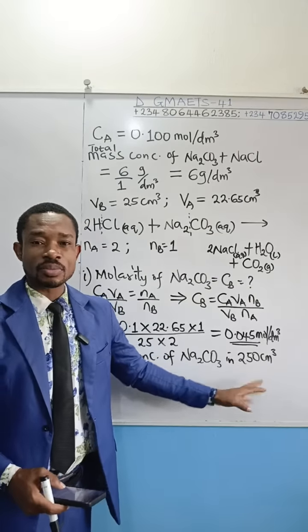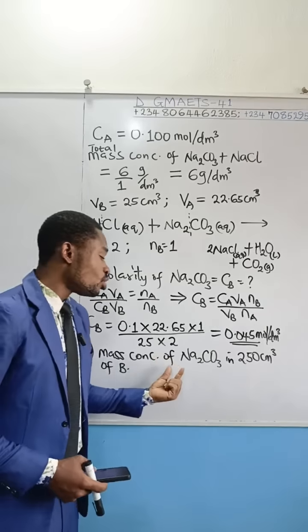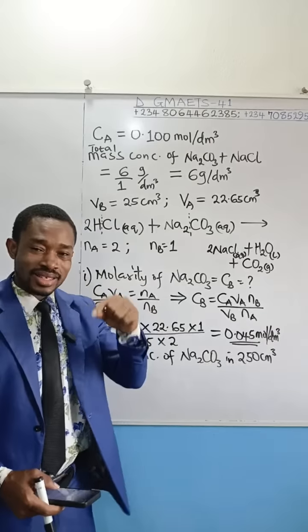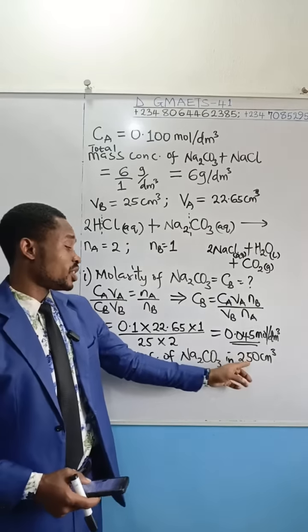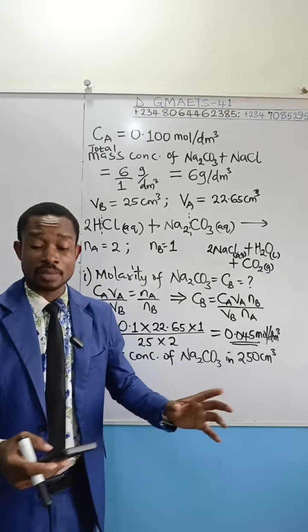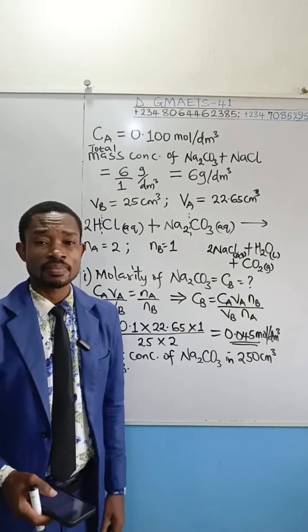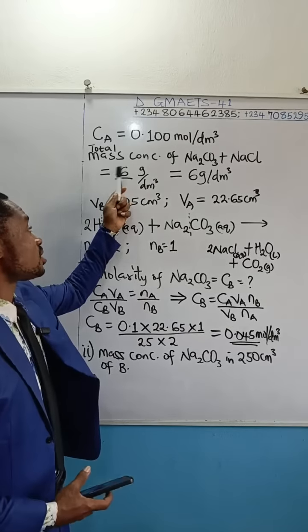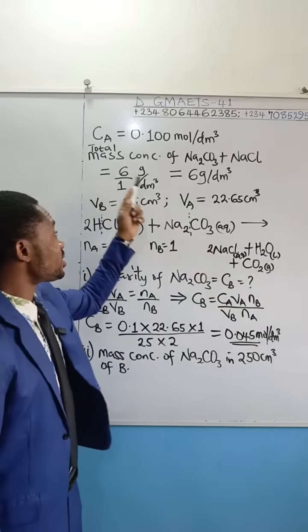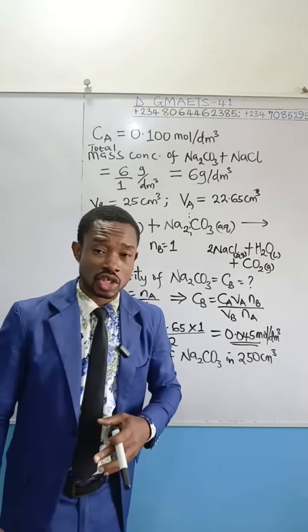We can't use that formula, because we do not know the mass of sodium carbonate dissolved in 250 cm cube of solution. It was not given to us. Take note that the 6 gram dissolved in 1 dm cube is the total mass of the mixture.